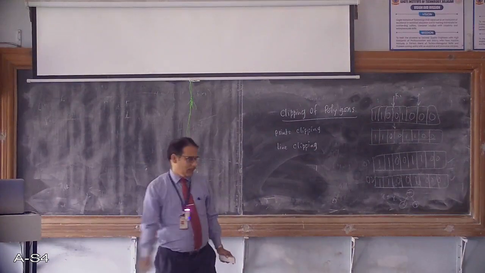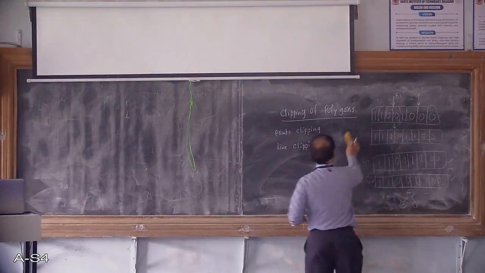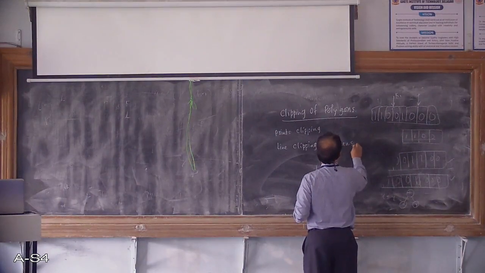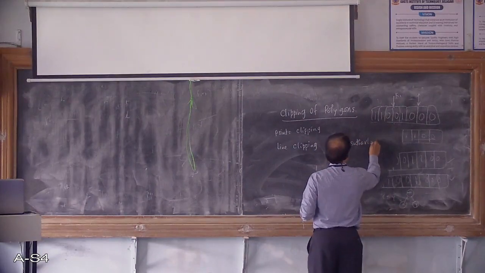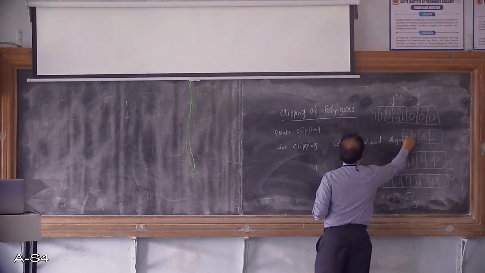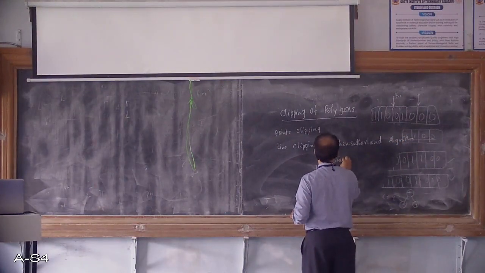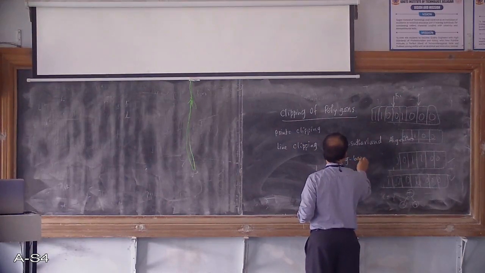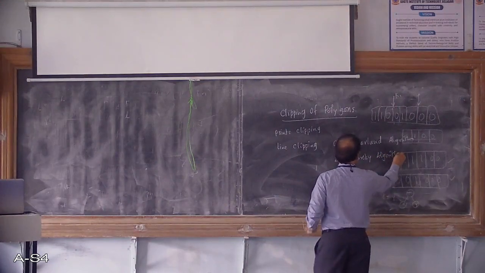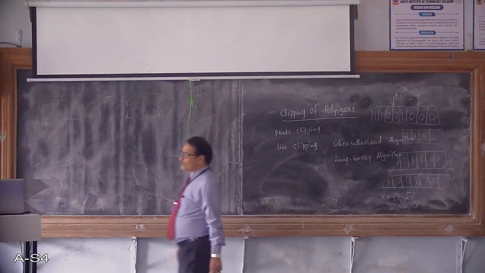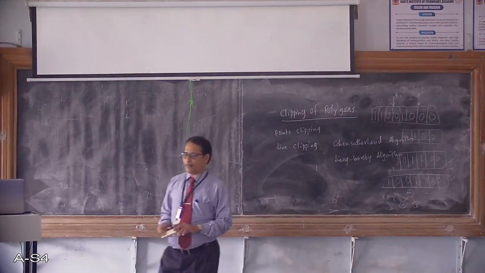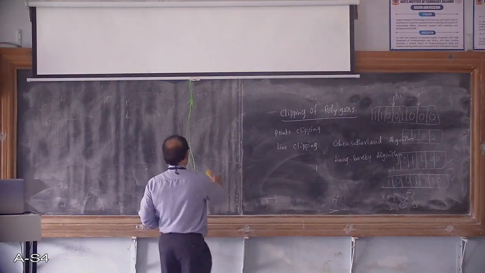In line clipping, we studied two algorithms, Cohen-Sutherland line clipping algorithm and Liang-Barsky line clipping algorithm. Now, let us talk about clipping of polygons, how a polygon can be clipped against a given window.